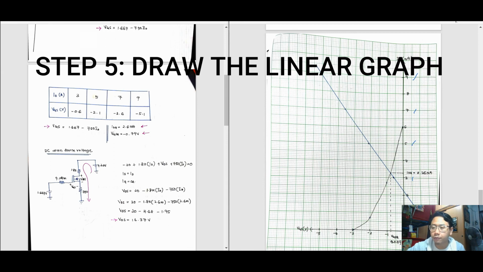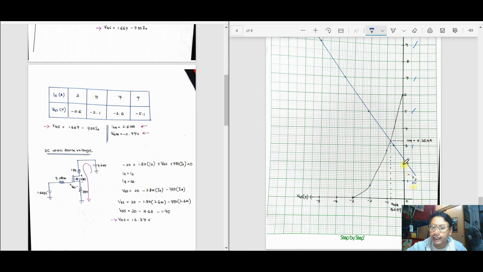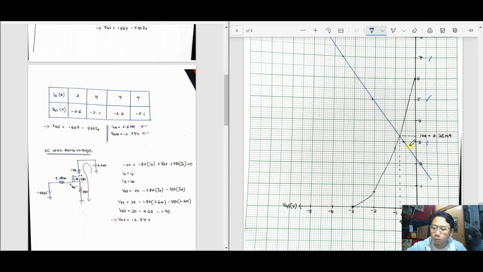Okay, so next, by referring to the table before, when ID is 3, the VGS is negative 0.6. Like you can see here, when ID is equal to 3, the value of VGS is equal to negative 0.6 here.